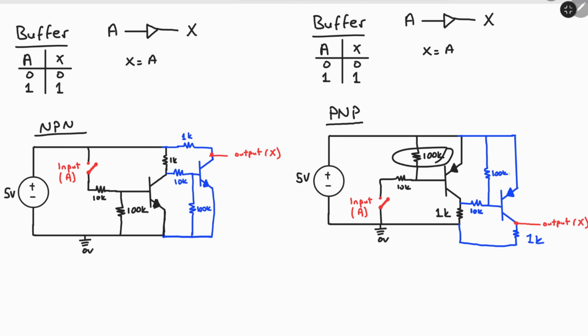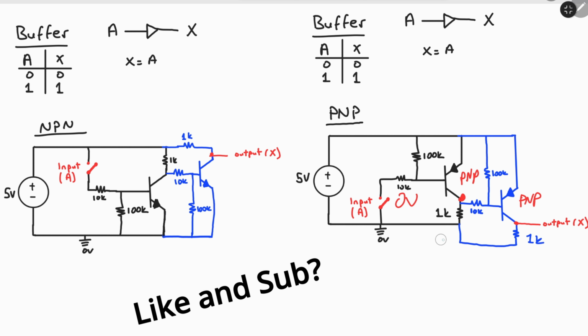We have now pull-up resistors, and so our output in this location was connected to the base of another transistor, which would be the other PNP type. And when we give 0 volts here, which would be closing the switch, this PNP transistor turns on and it allows the current flow. So it's shorting this location to the top, which is 5 volts.